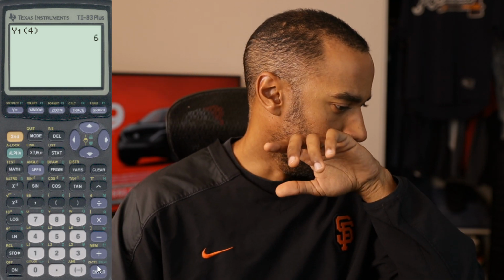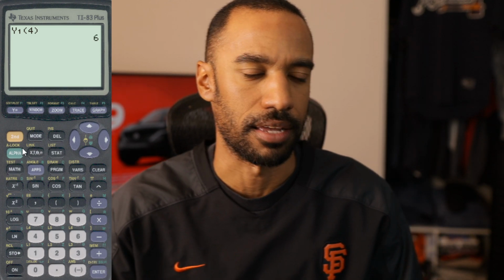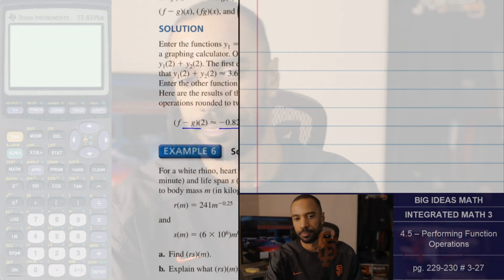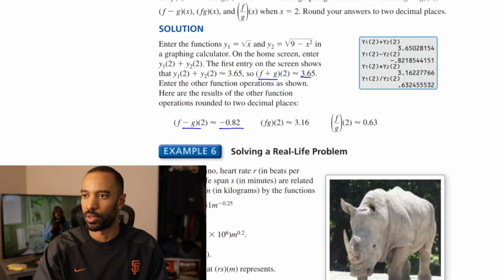So that's where y1, y2, etc. are. So if I had an equation for there, let's just say x plus 2. So let's quit out, go to vars, y-vars, and function, and y1. If I wanted to substitute 4 into there, I should get 6, right? 4 plus 2 is 6. So that's an example of that, substituting that in. Awesome. So we have that all set up, ready to go. Cool. Okay. Now that I remember where that went.